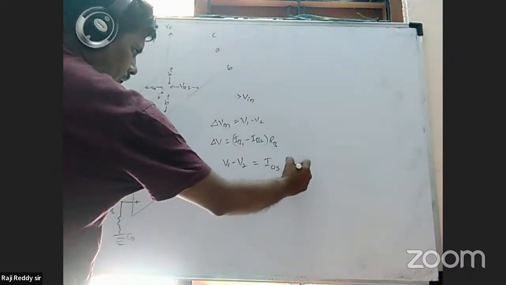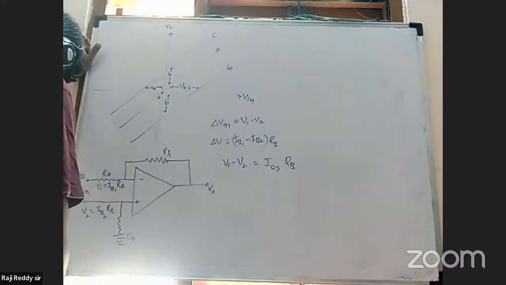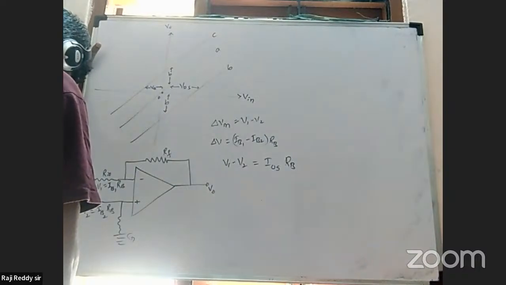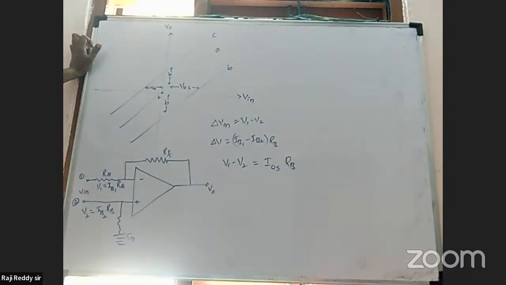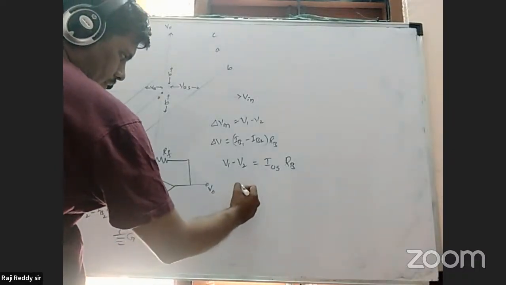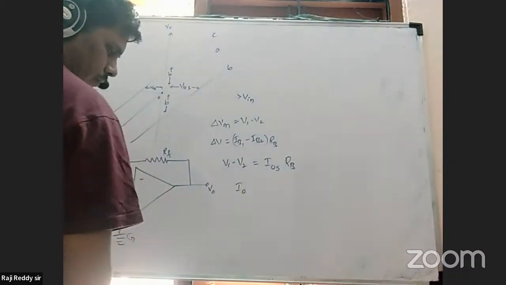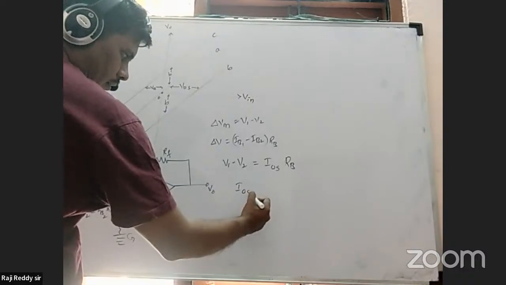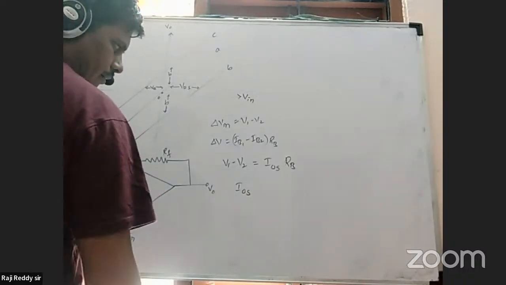So from that I can write it as IOS. Okay? That is called the offset current in the input terminals.